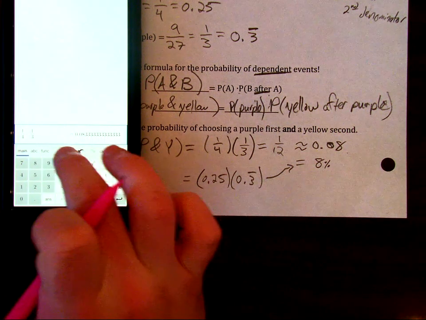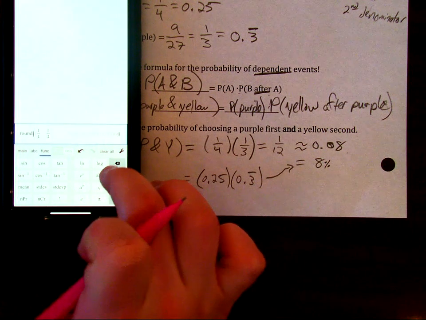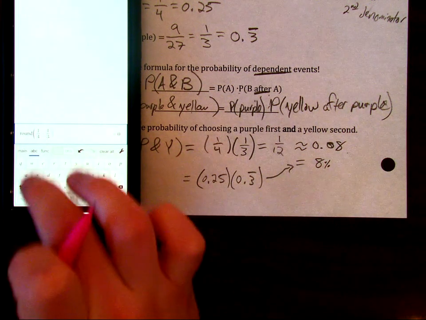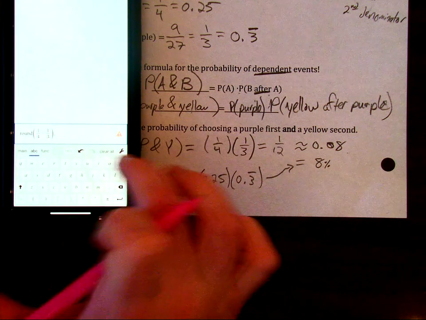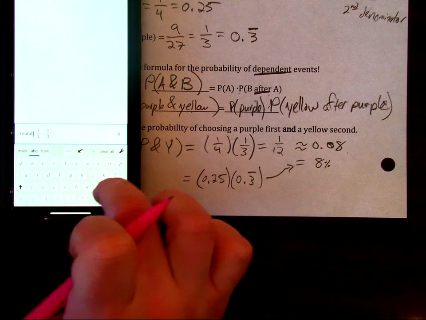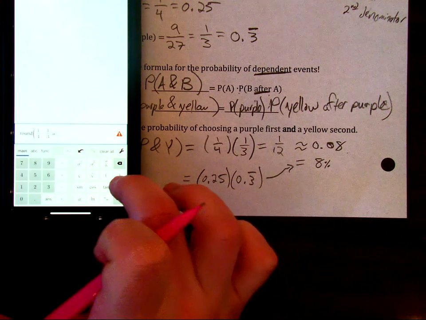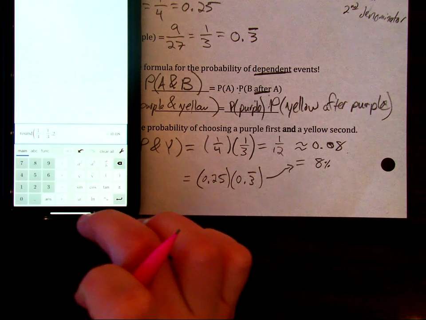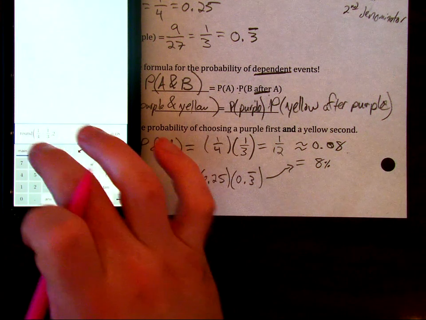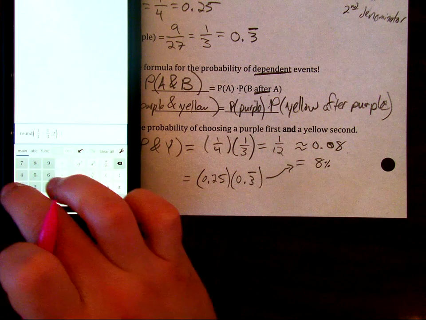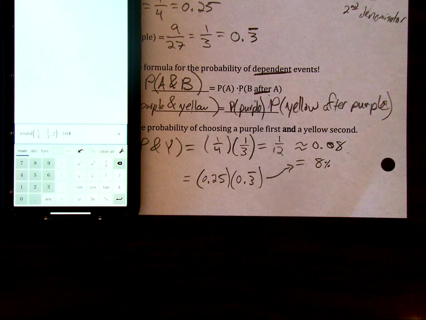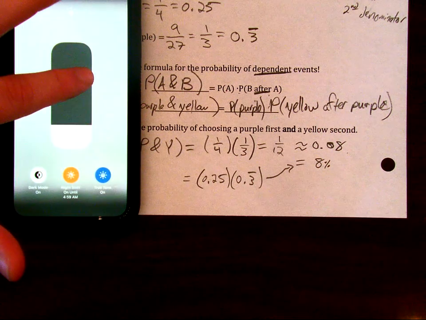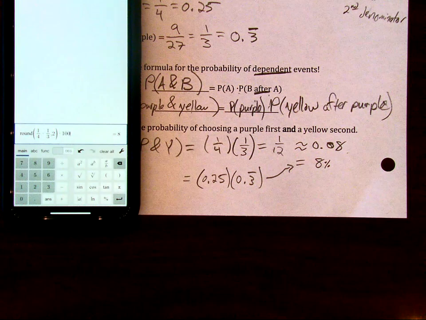And if we want to go to that second decimal place, we say comma, at second decimal place, 0.08 times 100. Again, it rounds for you. It does it for you. It is great. It is grand. It is wonderful.